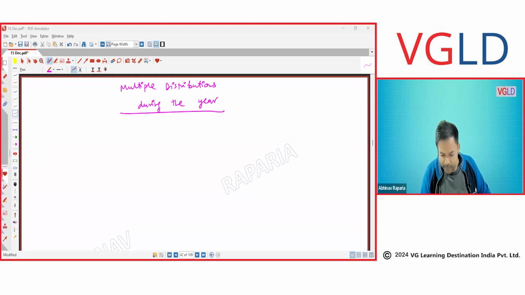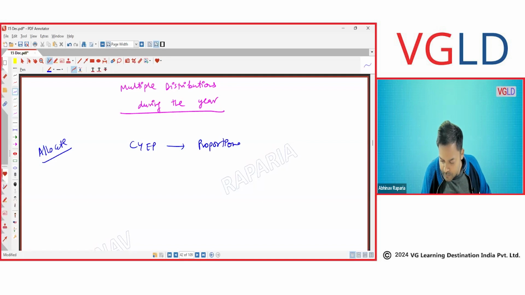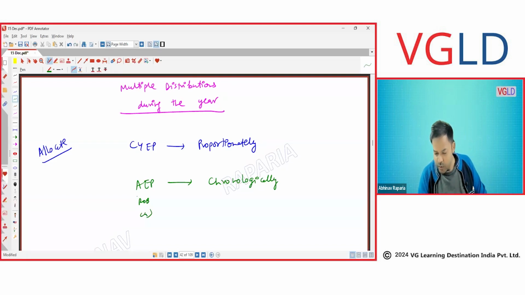Allocation of current year earnings and profit, I'm going to allocate proportionately. Accumulated earnings and profits, we are going to allocate chronologically. In fact, everything after that, ROB, capital gains, we'll allocate chronologically.